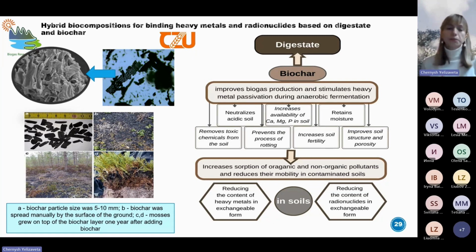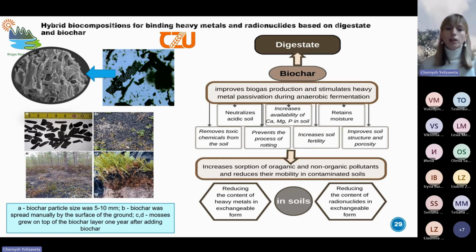For example, it can be used as an additive for improving biogas production in anaerobic fermentation processes, and it can also be used directly together with the digestate for absorption of organic and inorganic pollutants and reduction of their mobility in contaminated soil.